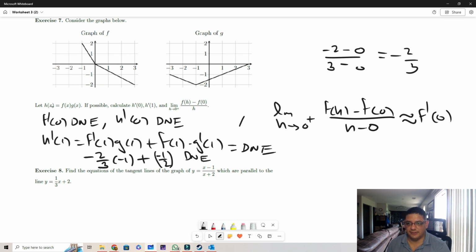When we're approaching from this side it is 2, and when approaching from this side, it's -2/3. Because this is the right side, this is -2/3. That's the approach to 0 from the right.